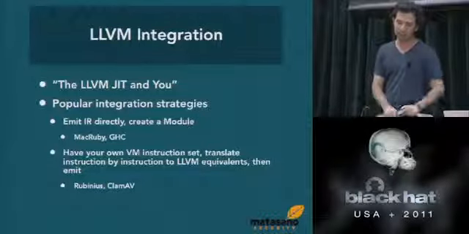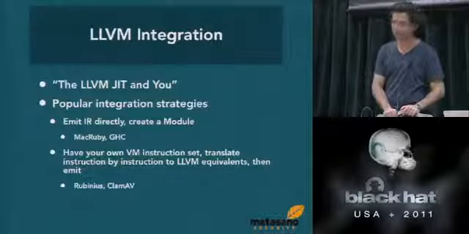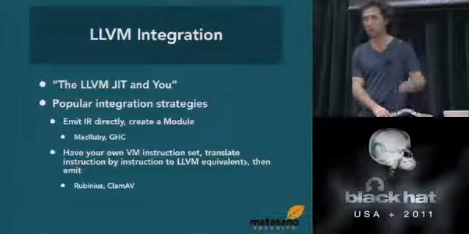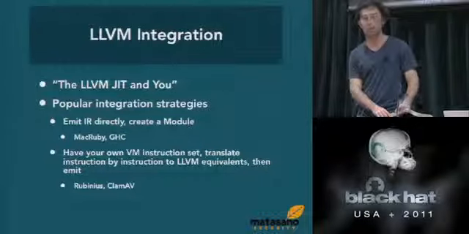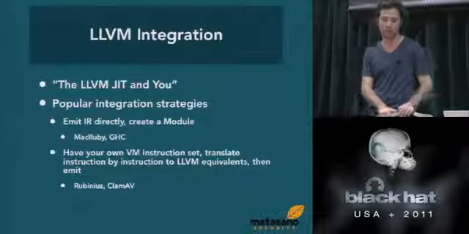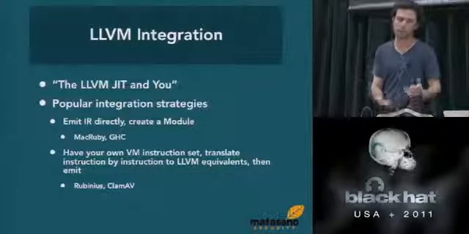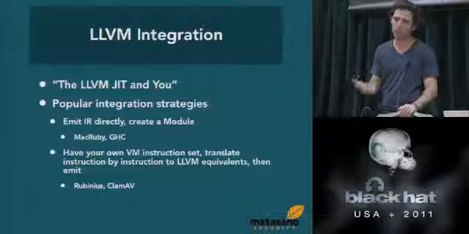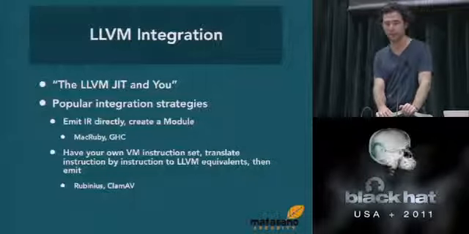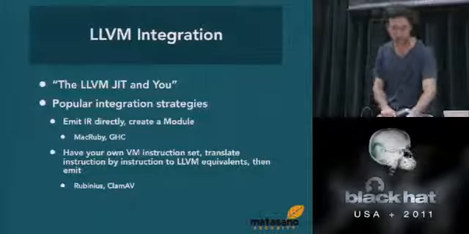And ClamAV, the open source virus scanner, has a way that you can implement your own scanning code, and it's done in a subset of C, and that subset will use LLVM's front end to compile it to bytecode so that you can make your virus engine support more formats.